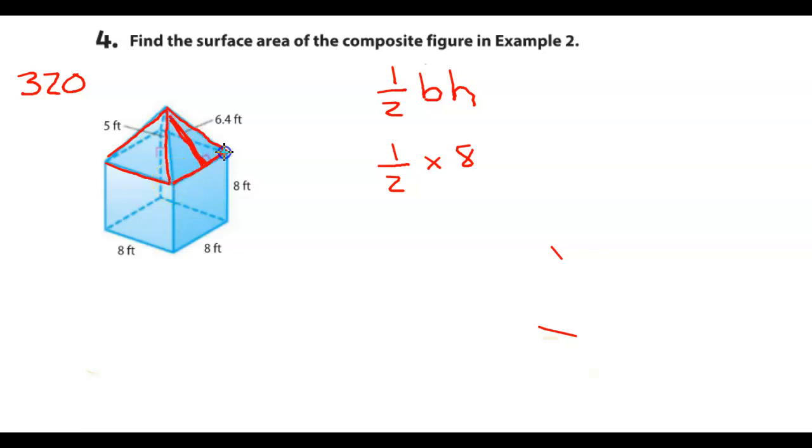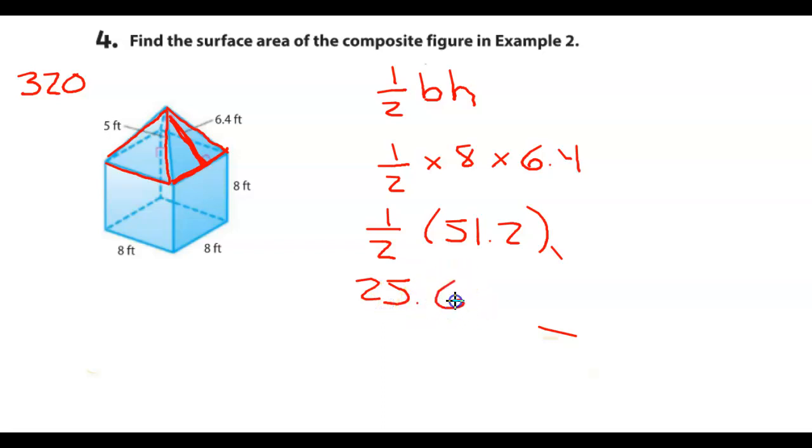So times 6.4. Okay, so let's go ahead and do 8 times 6.4, and then we'll go ahead and take half of that. So that's going to give me 1/2 times 51.2, and then we're just going to take half of that, and that's going to be 25.6. Now, there's 4 of those triangles: the front, the right side, the back, and then the left side over there.